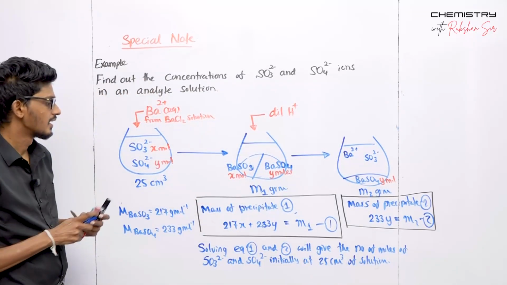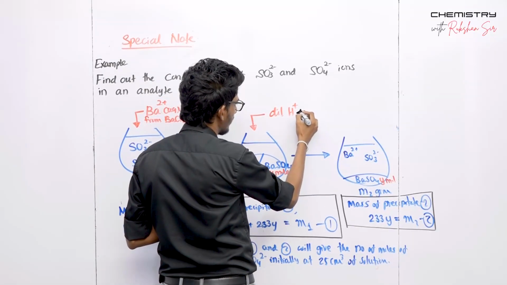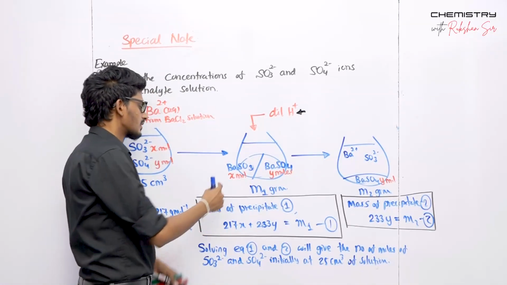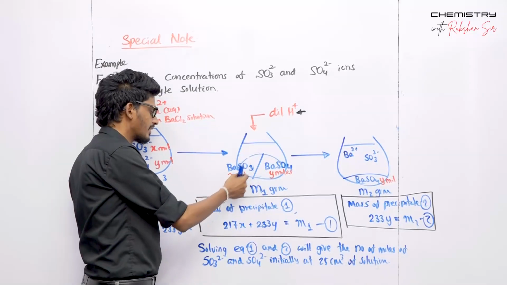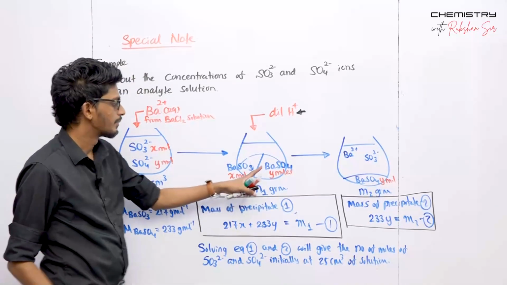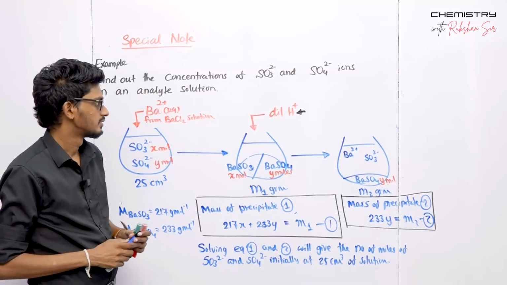So here, what we have used is actually the theory that we have learned. The precipitates which contain weak acid anions, not strong acid anions, will dissolve in dilute acid, while precipitates with strong acid anions stand, right?